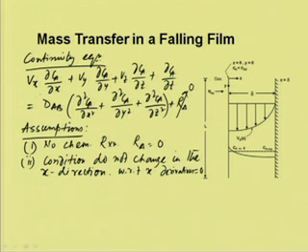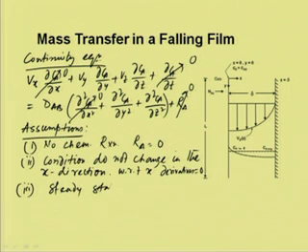So, this will be 0, this will be 0, and steady state conditions prevail. So, this will be 0, steady state condition, del Ca del t will be 0.